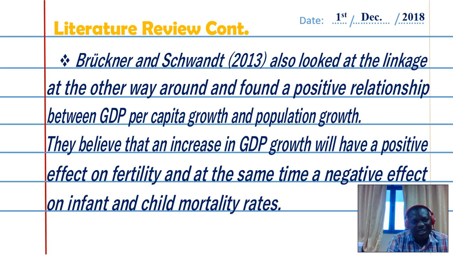And what they are saying basically is that when there is growth in the economy, income improves, it becomes easy to take care of the needs of the population, and that population will have access to social services and quality of life. Children will not be dying at will. Children will live their full life and become productive, contributing to human capital formation of the country and making productivity worthwhile.